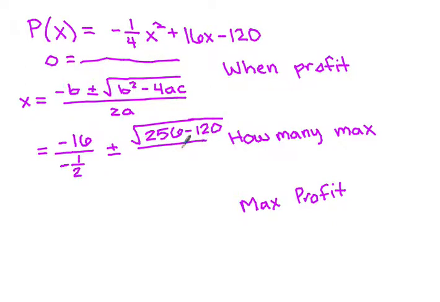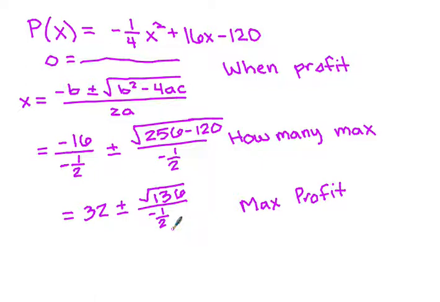Okay, so as we work through the rest of this formula, we'll see that 32 plus or minus the square root of 136 over negative 1/2. Which doesn't necessarily matter if it's a negative or not, since it's plus or minus.